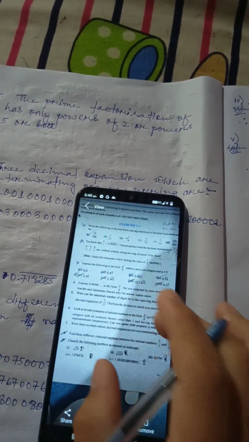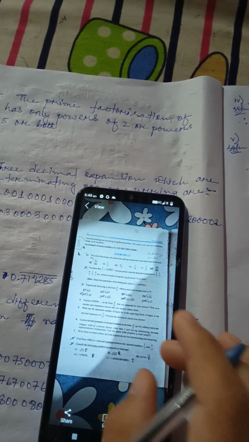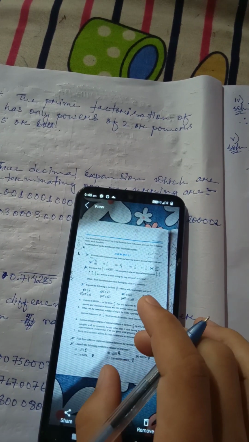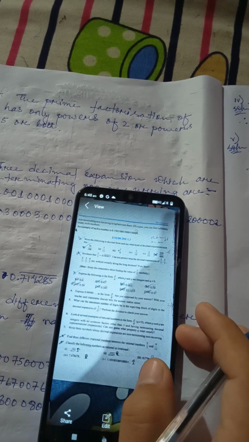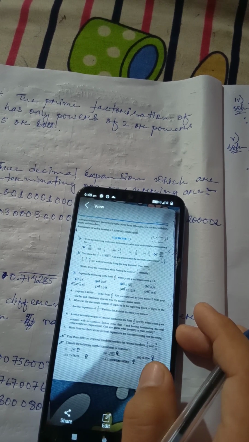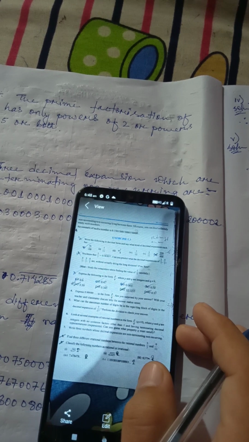Okay, here the question has said, let us look at several examples of rational numbers in the form p by q, where p and q are integers with no common factor other than 1 and having terminating decimal representation. Can you guess what property q must satisfy?